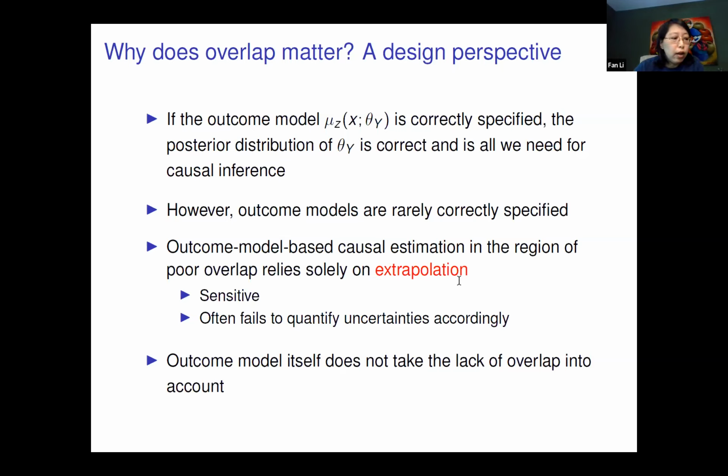But if we specify a model, you can write down your favorite model, based on a non-parametric model or any model, the model itself will never tell you anything about the degree of overlap or balance. So that's the gap in Bayesian causal inference if you just look at the outcome model.